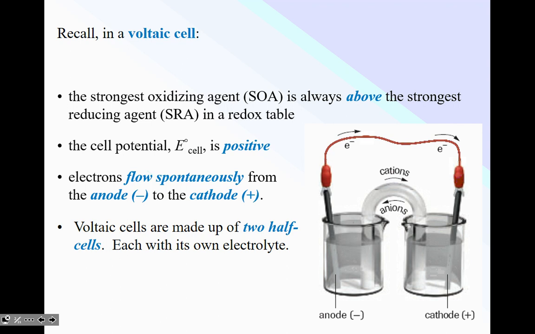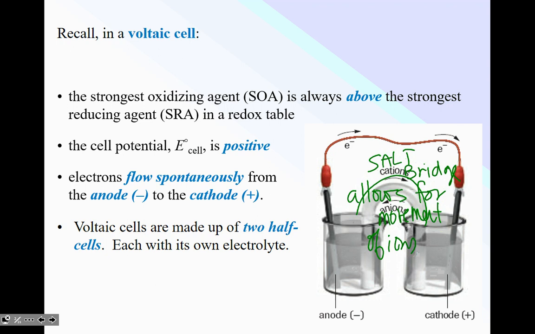The voltaic cells are made up of two half cells, each with its own electrolyte. So they're divided, and there's also a salt bridge. And you know that the salt bridge allows for movement of ions.